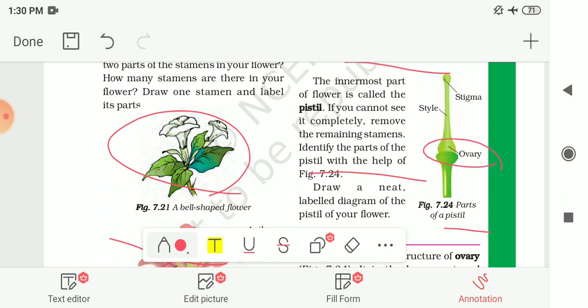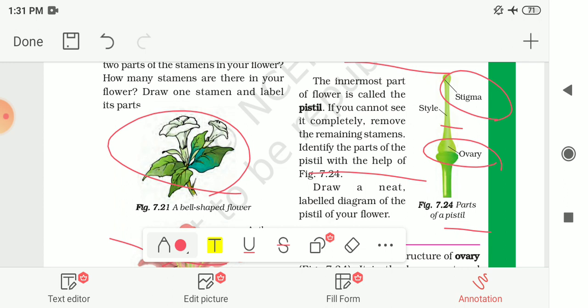This part is known as the ovary, this middle part is known as the style, and the upper part is known as the stigma. Then you have to draw a neat and labeled diagram of the pistil in your flower. Labeling or drawing of this diagram can be asked in your exam.